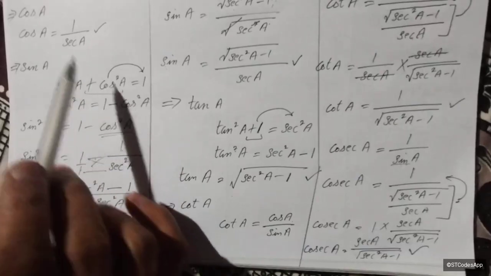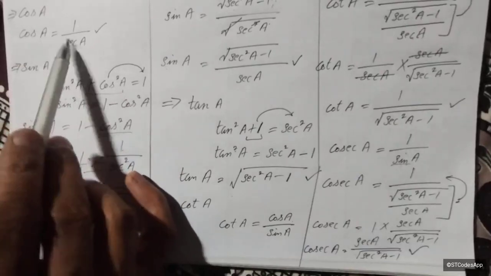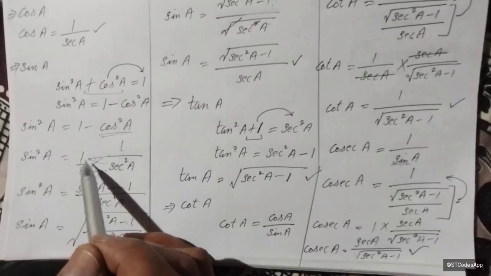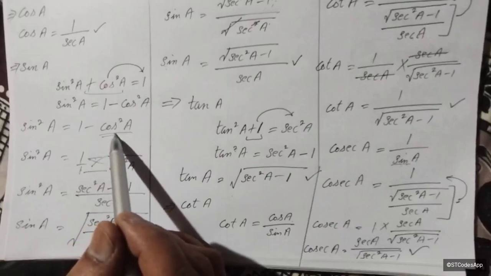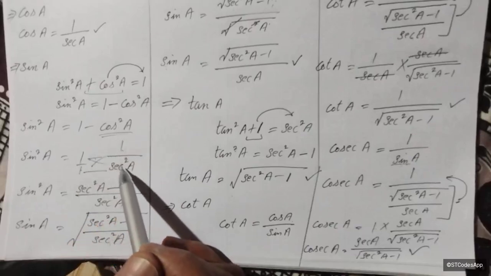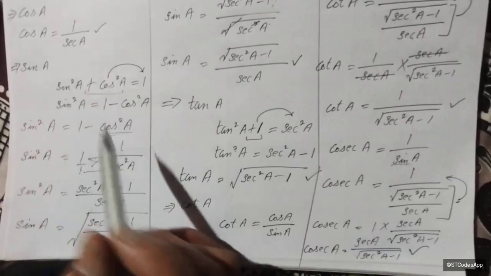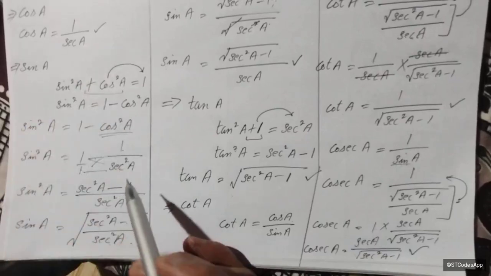Now the value of cos which we got already at the start, we will fill here. So sin square A is equal to 1 minus, in place of cos square A we filled 1 upon sec square A, because cos is squared, so sec also we put square.